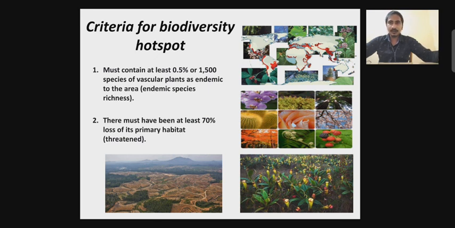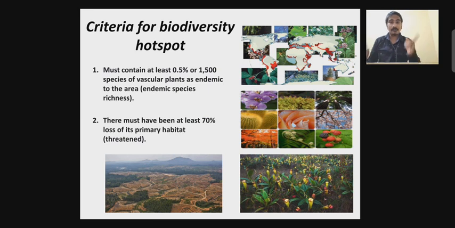And the second criterion is, there must have been at least 70% loss of its primary habitat, or in other words there must be only 30% vegetation available in that particular area.